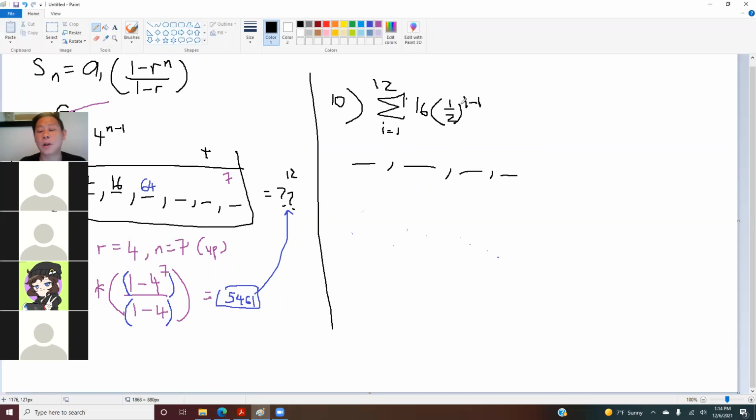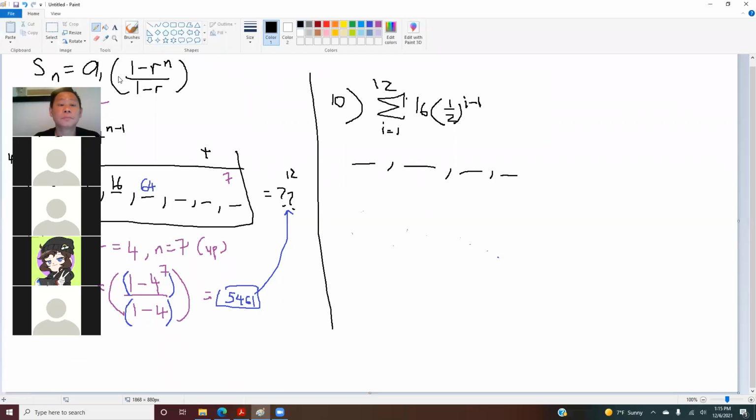So put i as 1 here, i as 2, i as 3. You will get a number. Don't forget, N in this case is 12 because we go all the way up to 12.